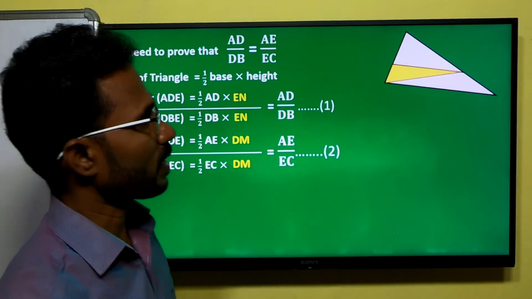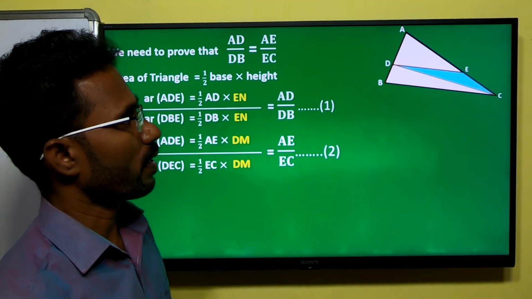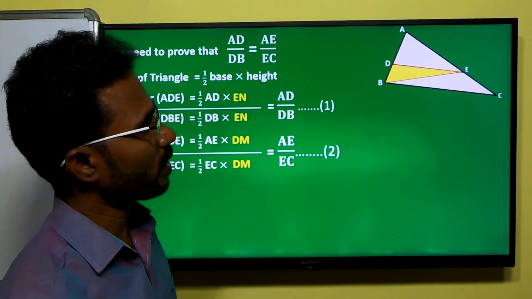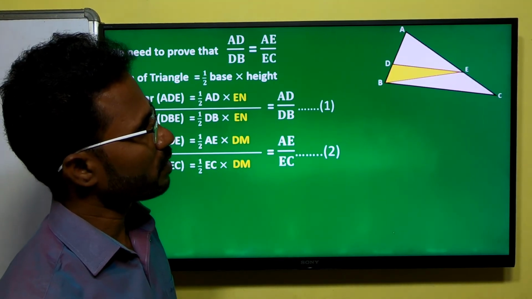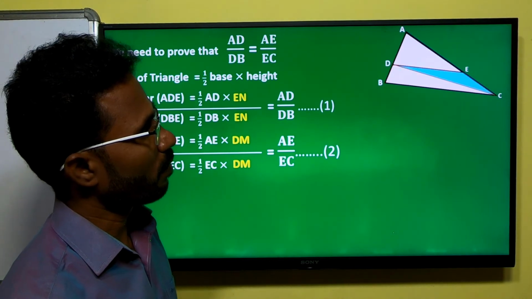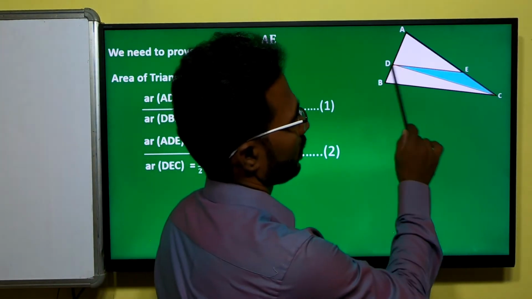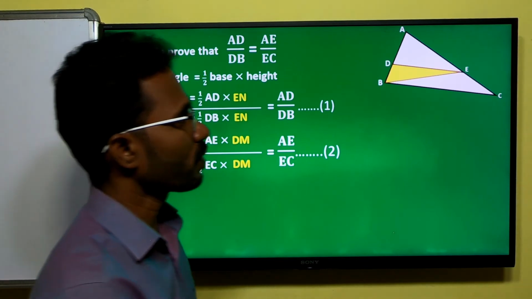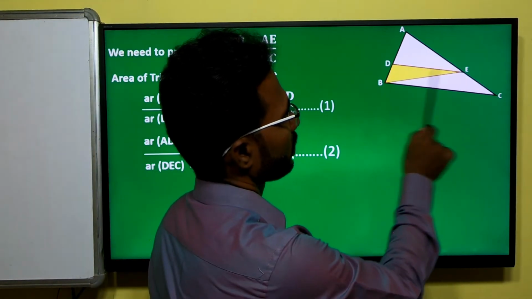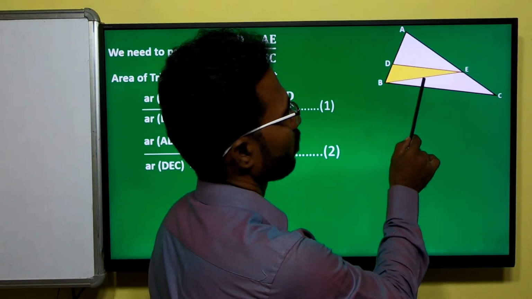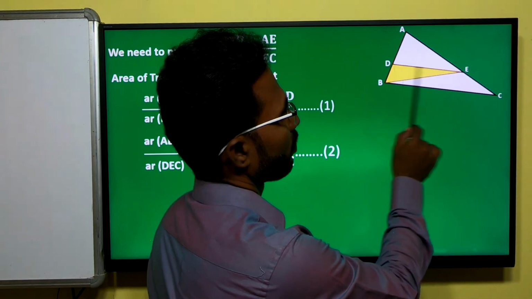There is another property of triangles. Look at these two triangles between parallel lines, and both triangles have the same base.